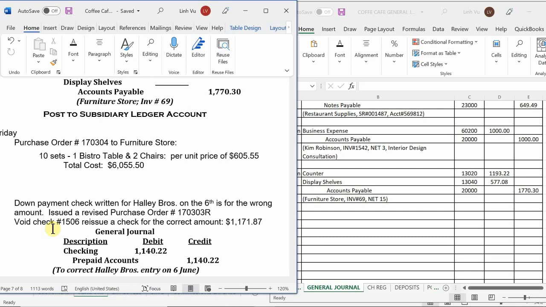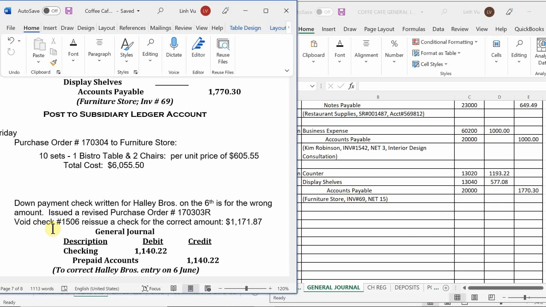And that's what we are going to do. We're going to void check number 1506 and revise the purchase order, because the purchase order says that the down payment for a third of the order is $11.40.22, but in reality we corrected it and it's now $11.71.87.